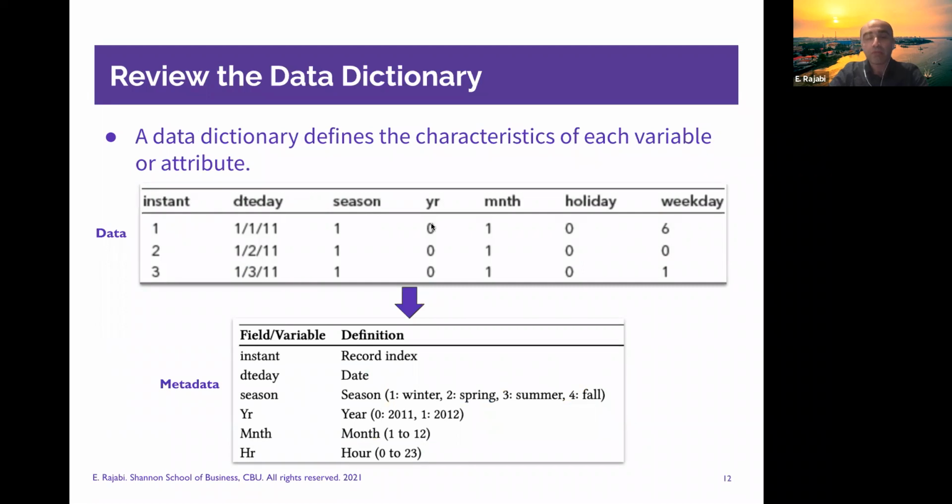So for that case, we should attach a metadata or data dictionary to a data set. A large amount of data that exists over the internet, they have metadata. For example, if you browse Kaggle website, you can see that each data set comes with a metadata or data dictionary.